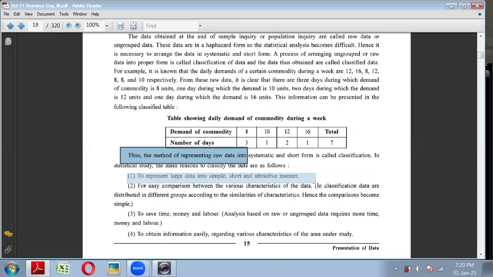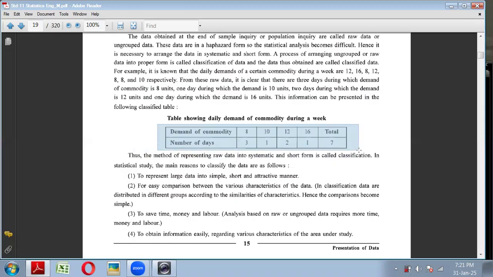Here the reasons are given, and you can see the short meaning of classification is also given. The method of representing raw data in a systematic and short form is classification. Here you see the table: the raw data is arranged in systematic and short form. That is called classification.